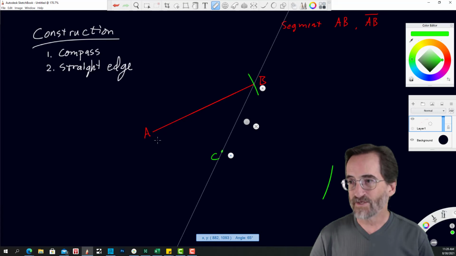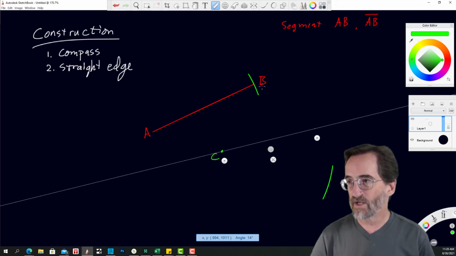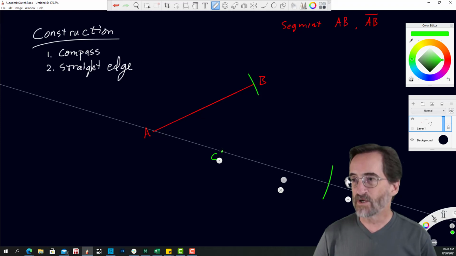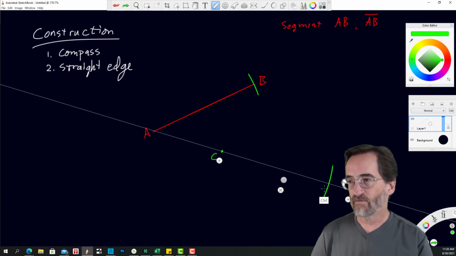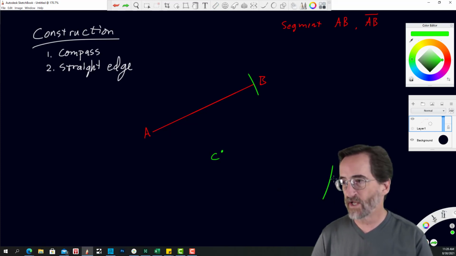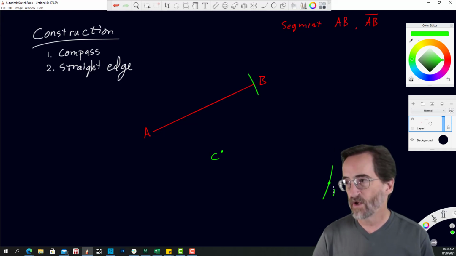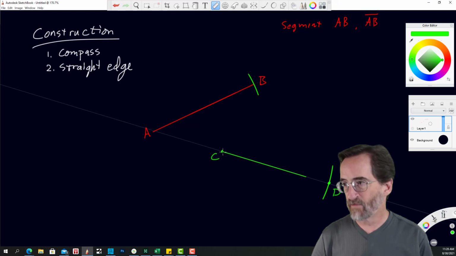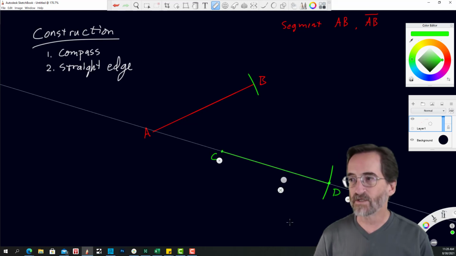It's not actually a ruler, because we're not using marks for measurement. I'm going to put a point somewhere on the arc I drew. Label it D, and now draw a line segment connecting C and D.